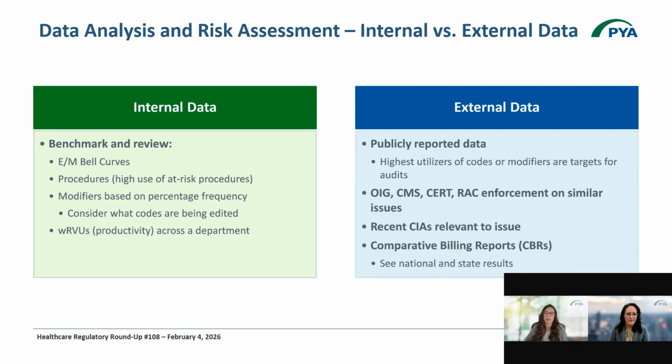This list here are a few of the top items that we at PYA will hone in on when we evaluate data for an audit, especially if we're evaluating risk. The OIG, CMS, et cetera, as I'm sure you know, look for these same things, such as E&M bell curves, at-risk procedures. So we want to use the external guidance as a lens to view our internal data.